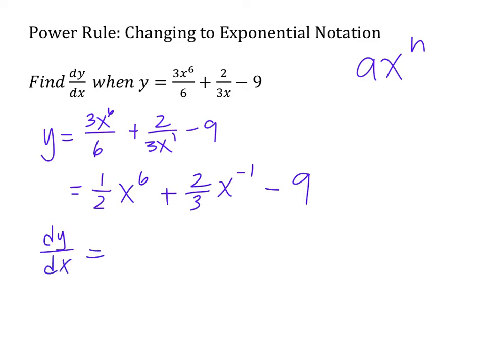Okay, deriving this, I have 1/2 times 6 x raised to 5, right? Plus 2 over 3 times -1 x raised to -1 minus 1 becomes -2. And then the derivative of just a number is going to be nothing, right?